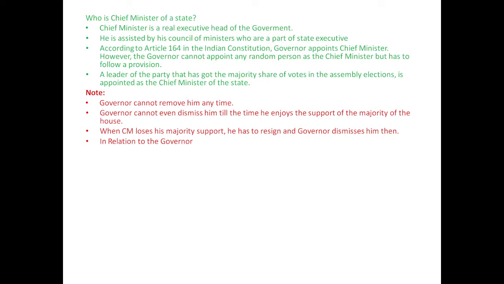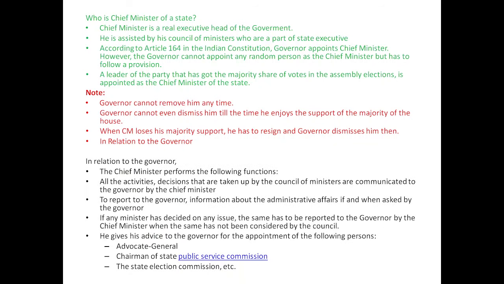Now let us see the relation of governor and CM. The chief minister performs the following functions: he has to communicate the decisions taken by the council of ministers to the governor, report to the governor any information about administrative affairs, and if any minister has decided any issue, the same has to be communicated to the governor.